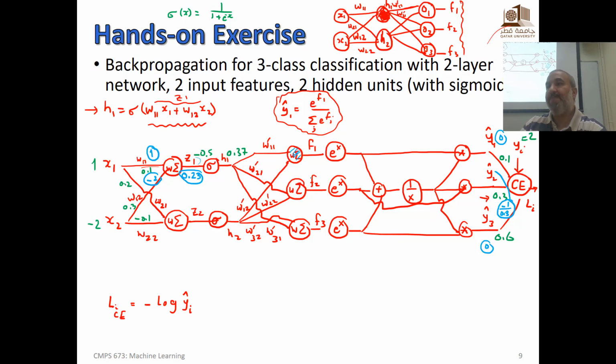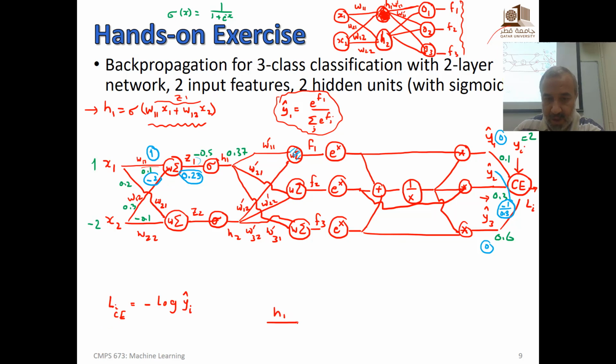When we do the back propagation, we'll have to compute the gradient of the loss from 3 paths, to each one. Let me do it here quickly. We have H1 here.